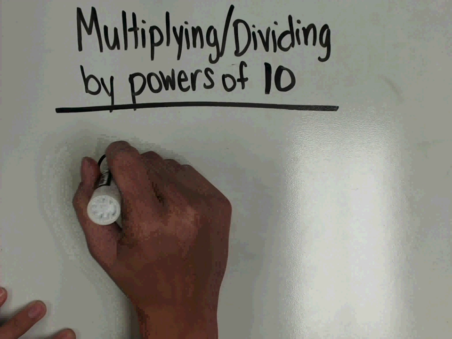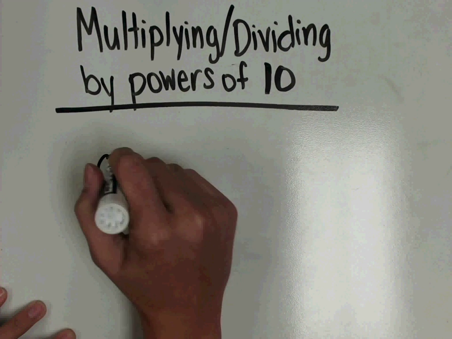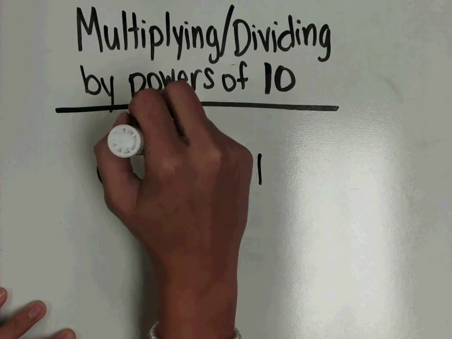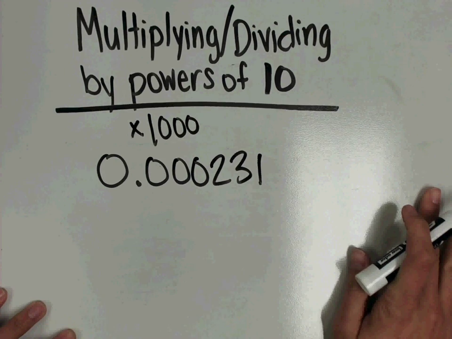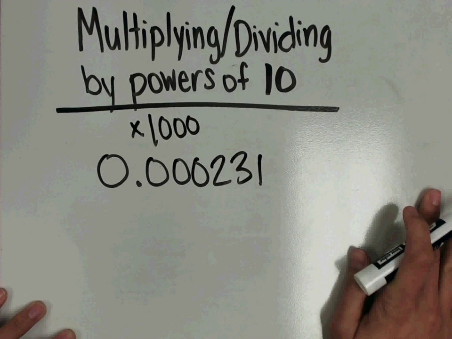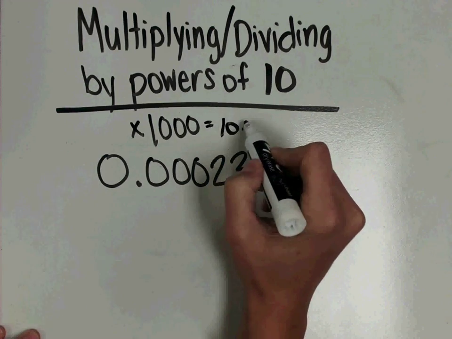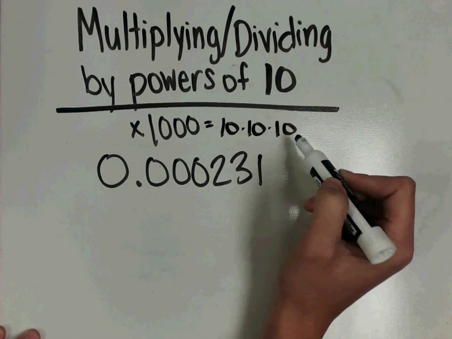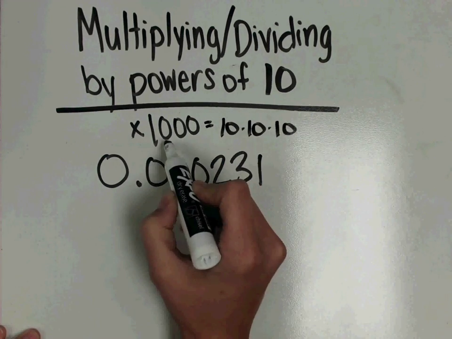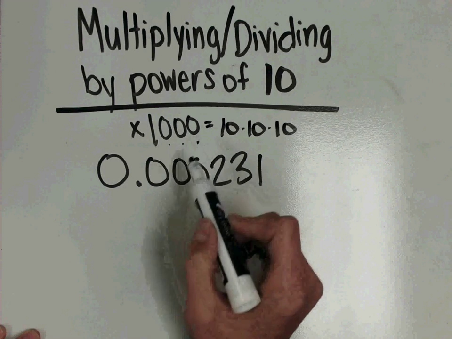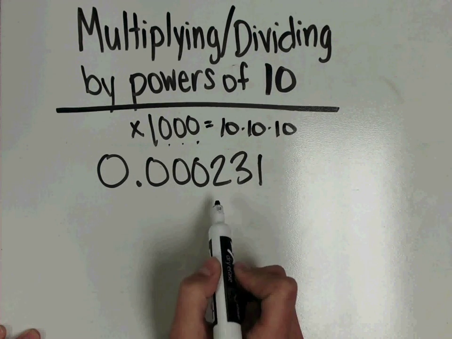So let's try another one. Say I wanted to take 0.000231 and multiply it by 1,000. Well, 1,000, you've got to figure out, is 10 times 10 times 10. You also know that there are 3 zeros that you count. The number of zeros is the number of times you move the decimal to the right.